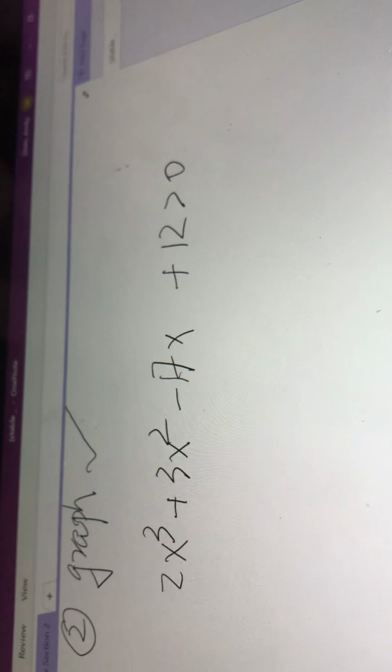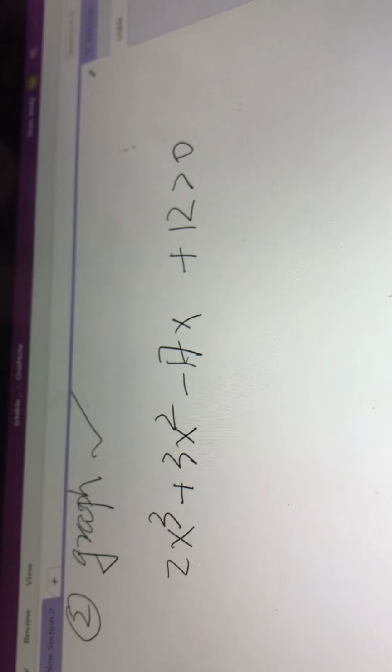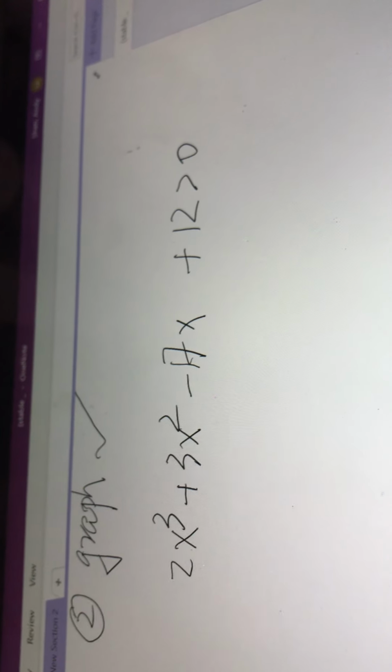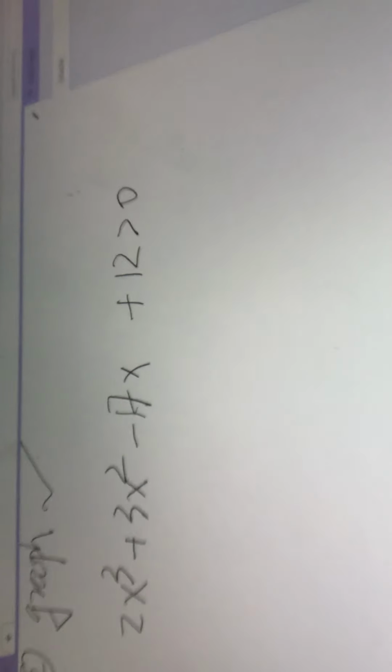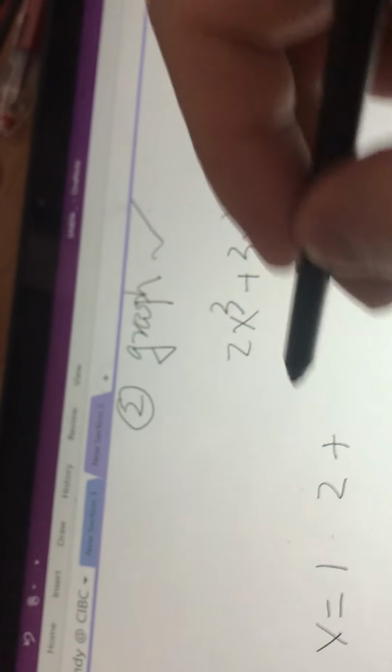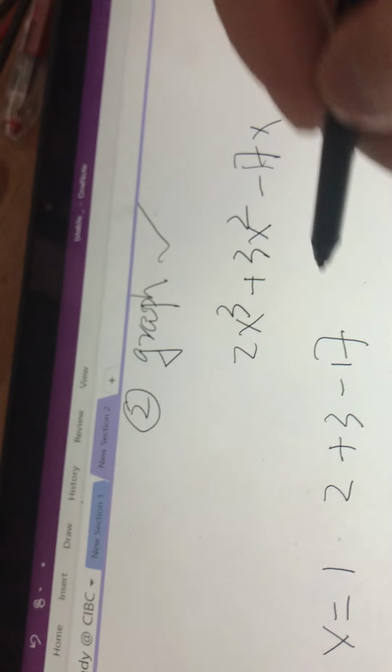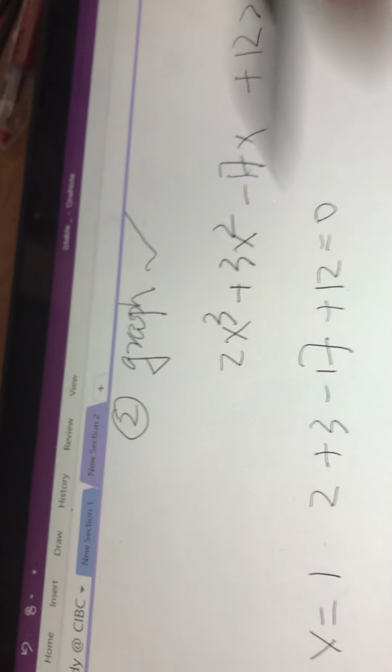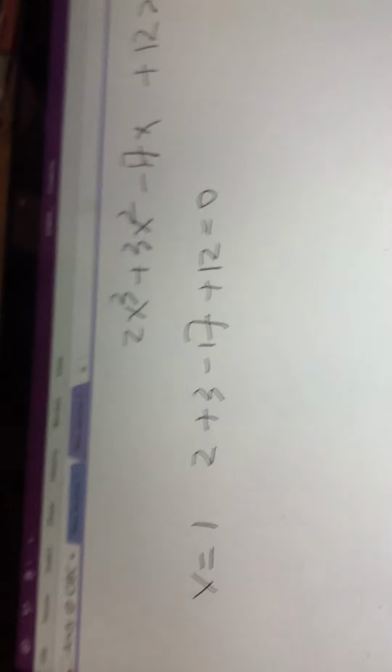As I mentioned before, you can try 1. Looks like it does work, right? When x equals 1, it makes this equal to 0. Let's see. x equals 1, so it's 2 plus 3 minus 17 plus 12 equals 0. Great. We find the value x equals 1.